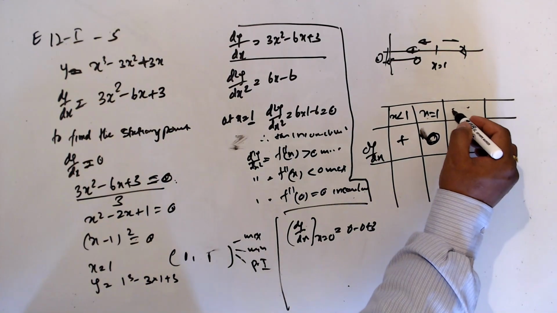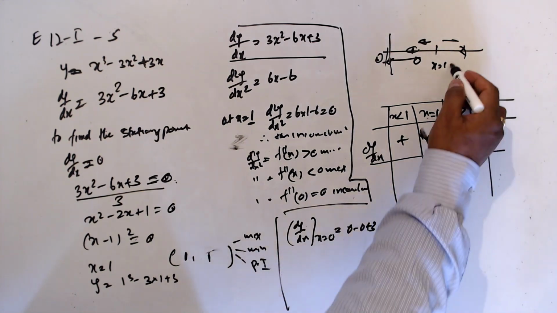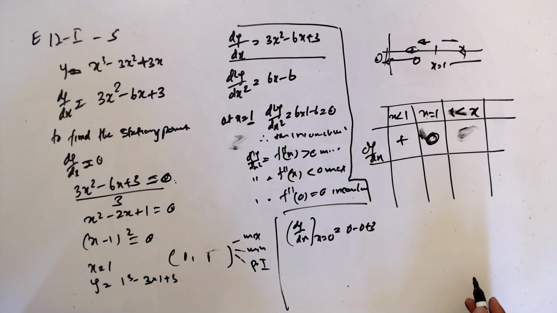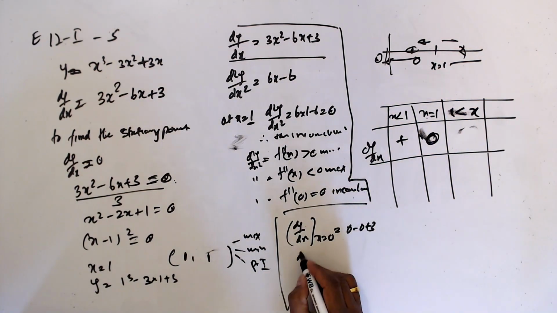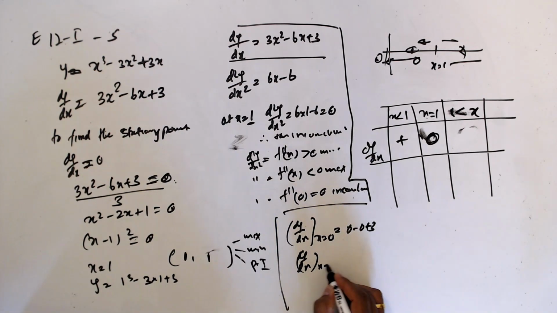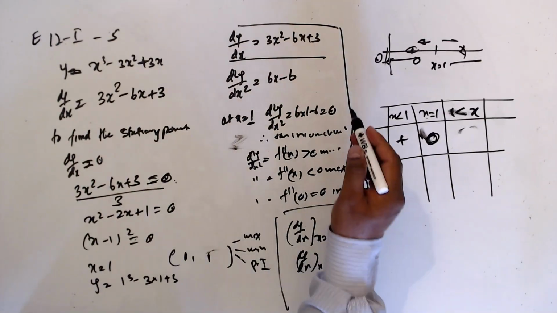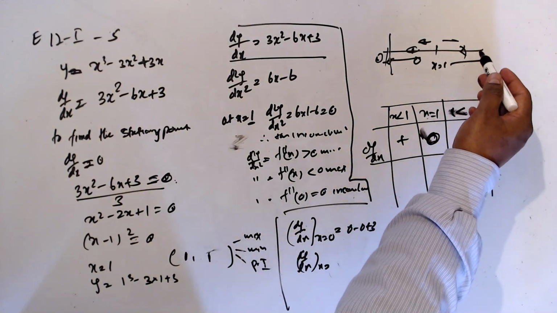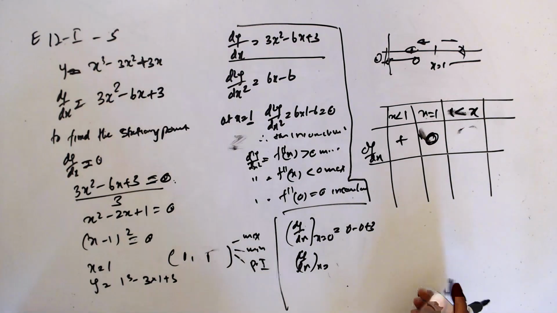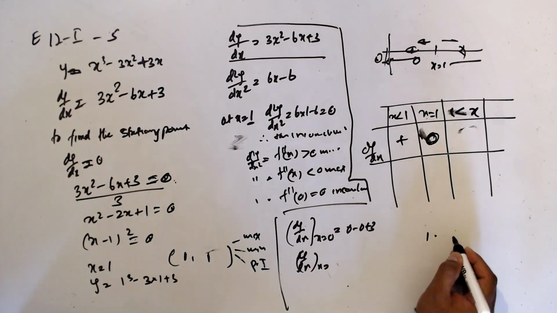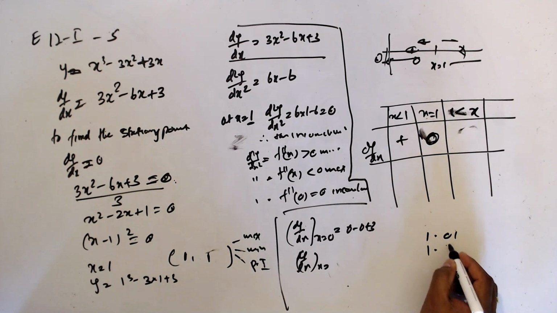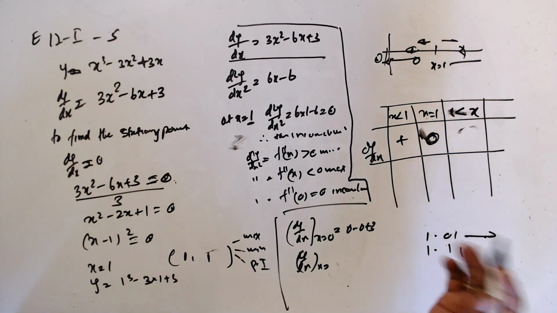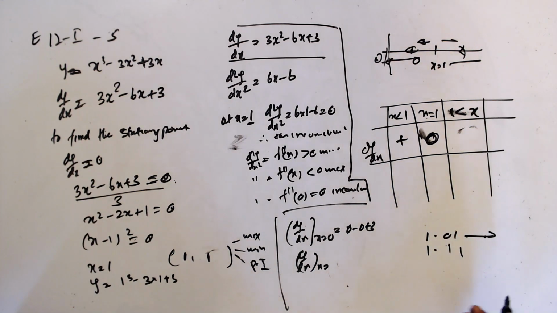Now we'll check x greater than 1, this area. We can write it like this as well, 1 less than x. For dy by dx, we will not take 1, we'll take any value greater than 1, let's say 2. Actually the best value is 1.01 or 1.1. We can't go very far because we would capture the other global maximum and minimum.